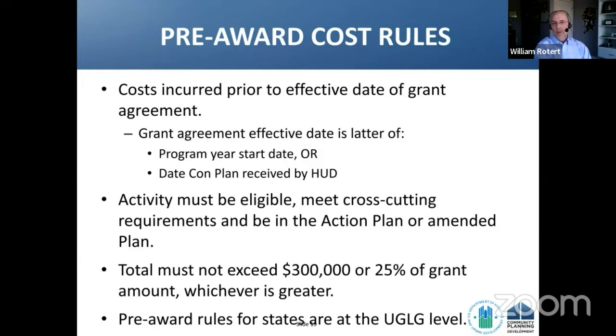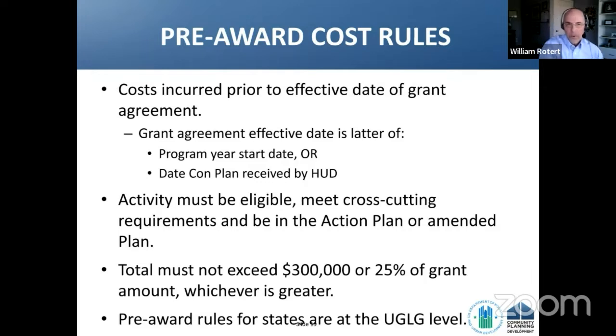And the grant agreement effective date is the latter of your program year start date or the date the consolidated plan was received by HUD. Or in most cases, that would be the substantial amendment to the consolidated plan was received by HUD. So that's when the clock starts, so to speak, officially on your grant.